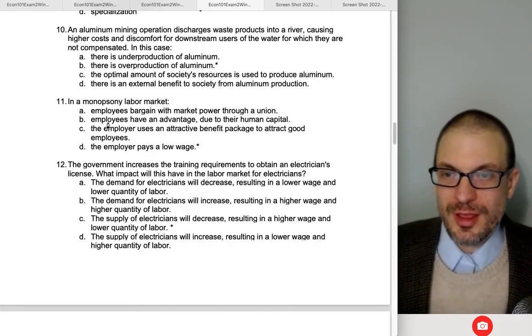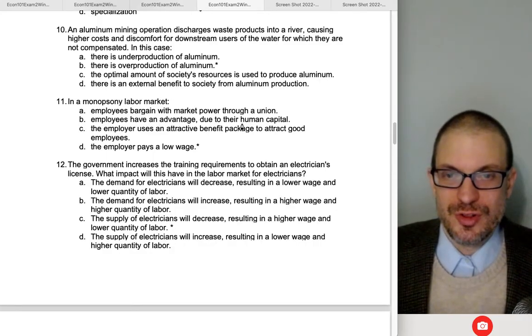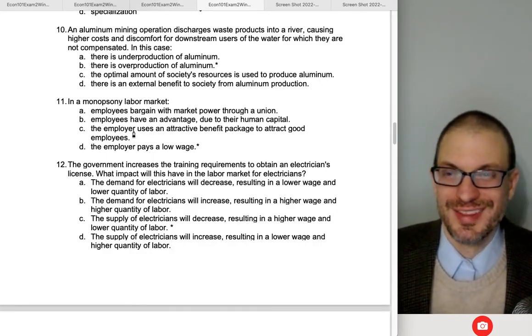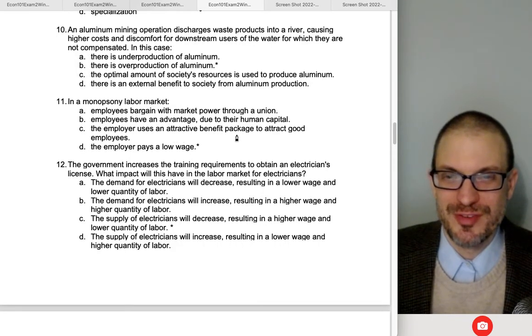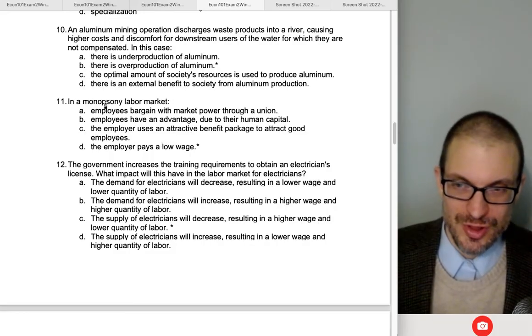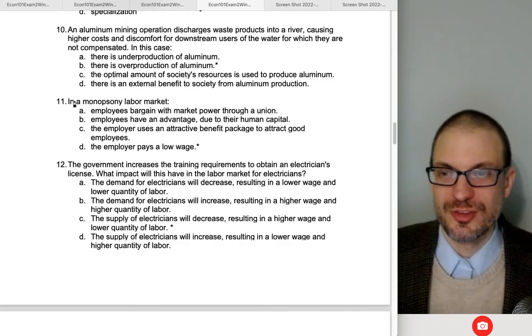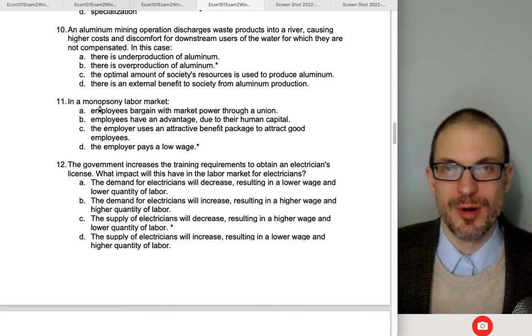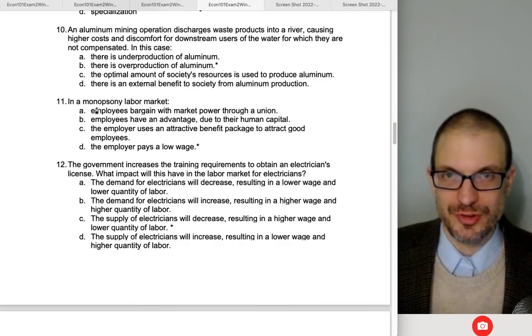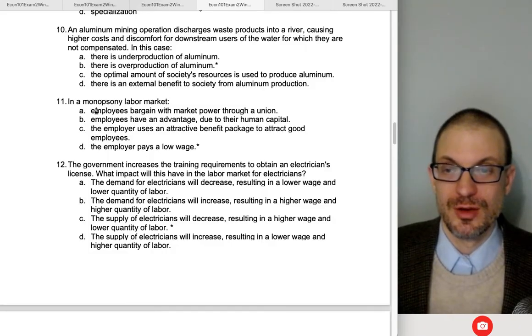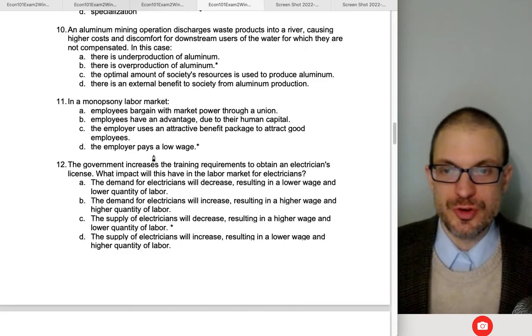Anyway, so employees have an advantage due to their human capital? No, not at all. If the employer uses an attractive benefit package to attract good employees, no, they don't need to because they're the only show in town. The employer pays a low wage. Yep, that's what happens. Think of this: you have a market where there's one factory that employs everyone in the county, right? What's going to happen? They don't have to pay a very high wage because you don't have any good options.